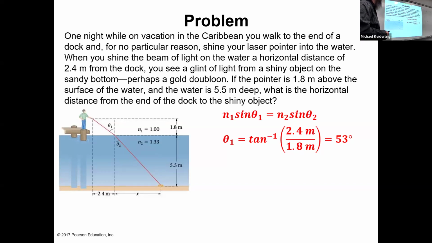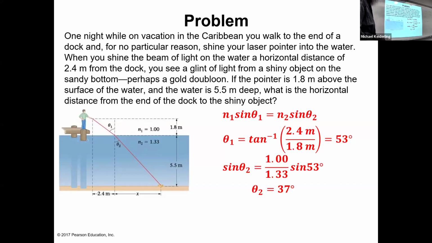That gives us theta 1 is 53 degrees. So we'll find that sine theta 2 is 1 over 1.33 times the sine of 53 degrees, which comes out to 37 degrees. So theta 2 is 37 degrees.